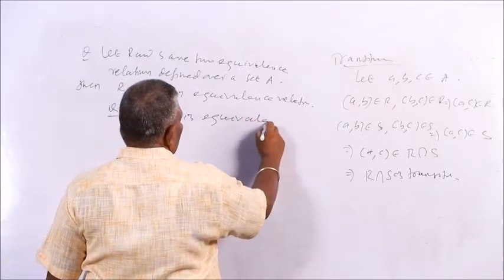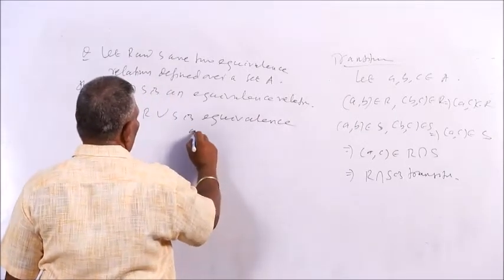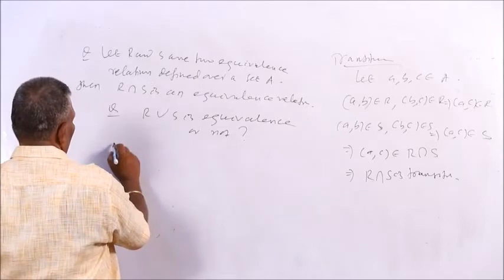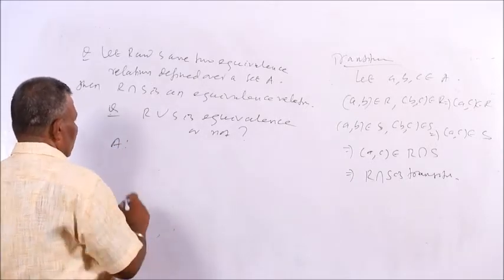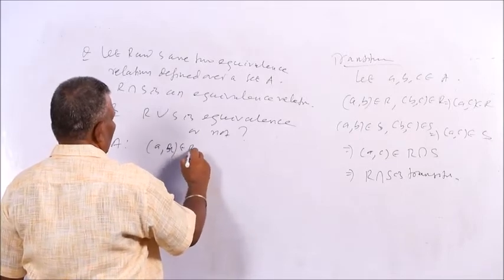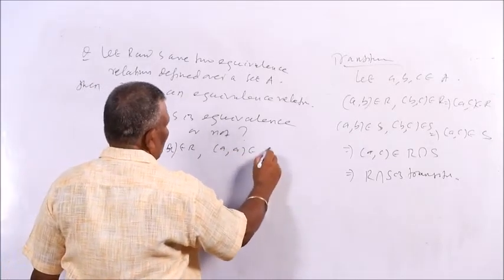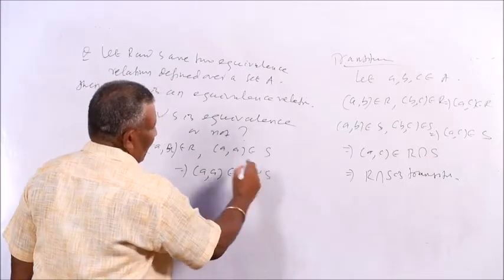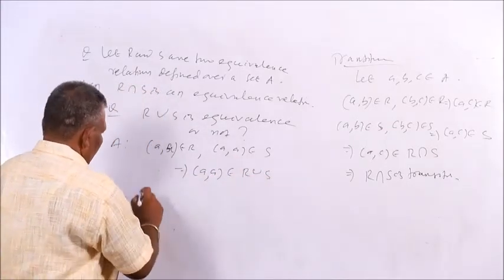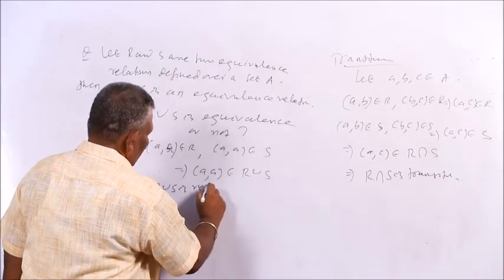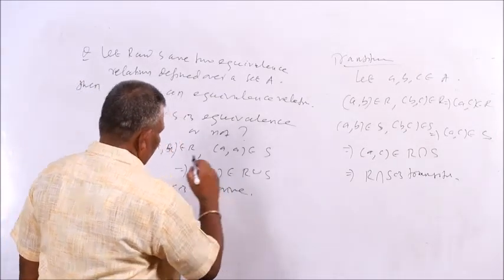Reflexive: the ordered pair (a, a) belongs to R, the ordered pair (a, a) belongs to S, implies (a, a) belongs to R union S. So R union S is reflexive.